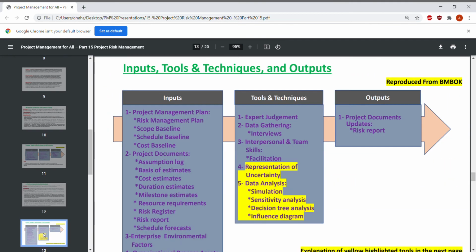Now we deal with the inputs and tools and techniques. These are depicted in this figure.